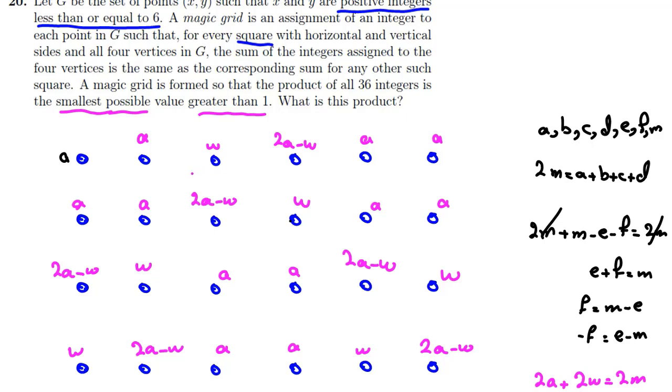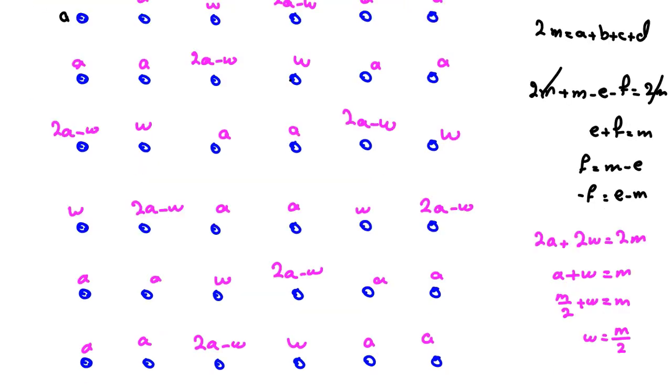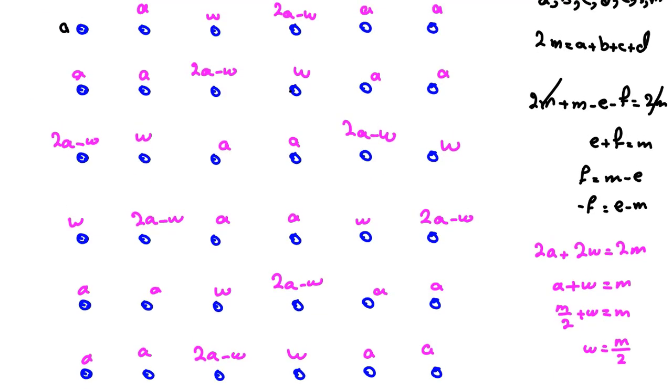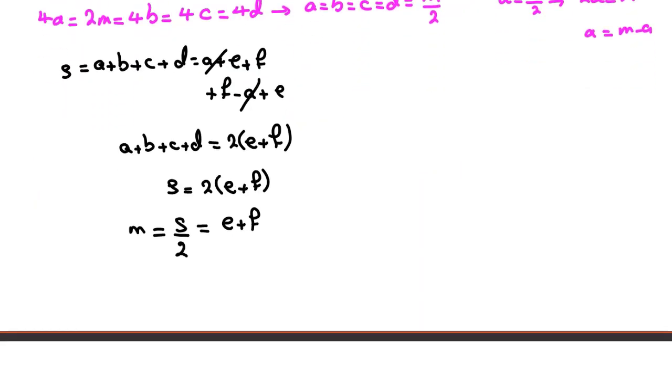Now, if we consider the product, how many a's are there? Let's calculate. 4 a's here, 4 a's here, 4 a's here, 4 a's here, 16, and 4 a's here, 20. So it will be a to the power of 20.